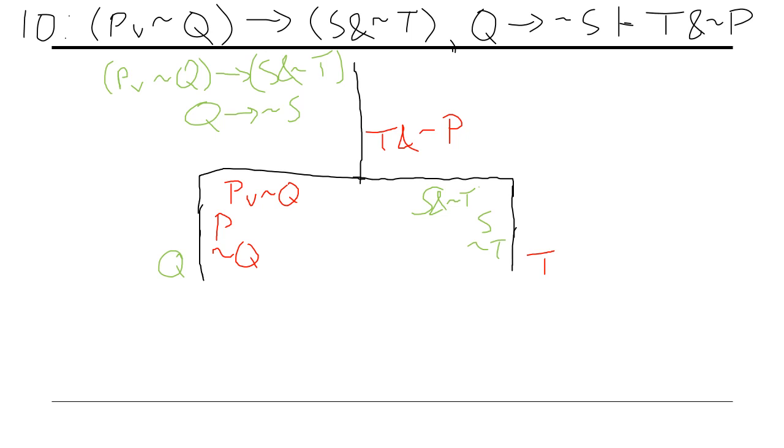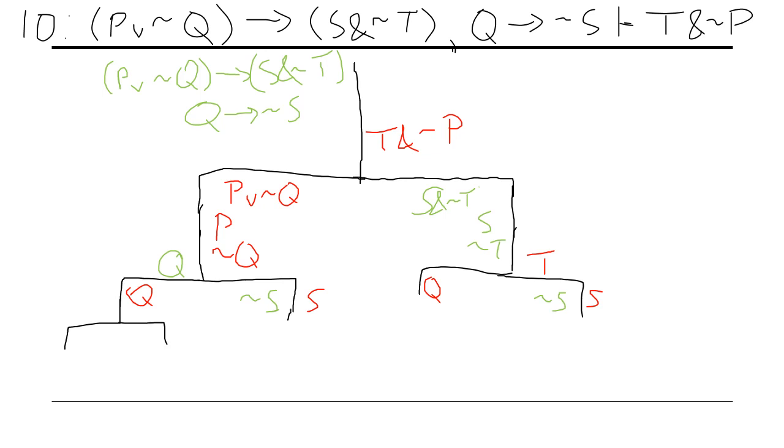Now, let's look at the second premise. It is also a conditional, so we're going to branch out. And we'll have a Q on the right and a not S on the left. And then we just need to flip those over like that. And so that one is completed. Now we just need to do our conclusion, which is an ampersand and it's false. What makes an ampersand false is if one of them is false.